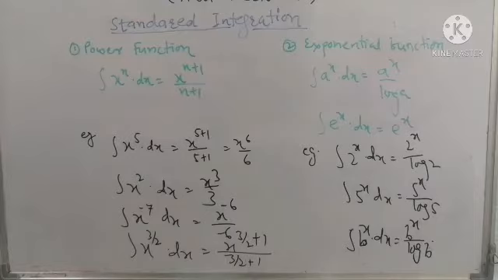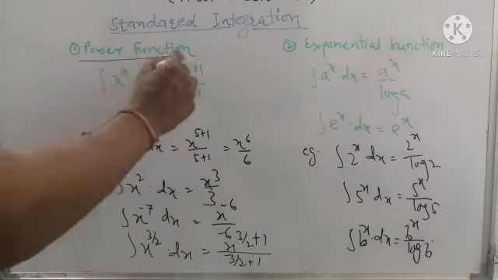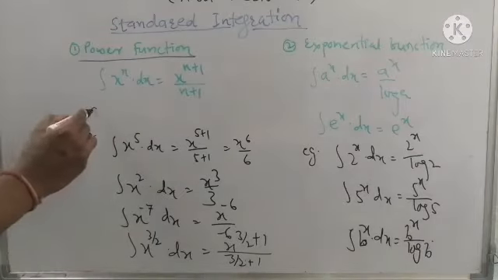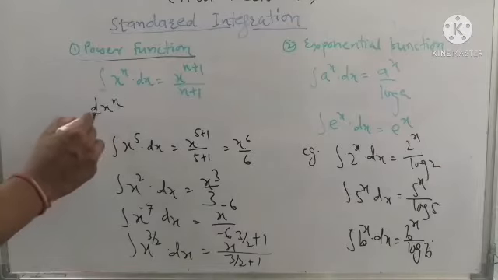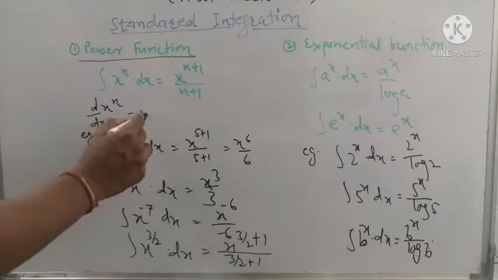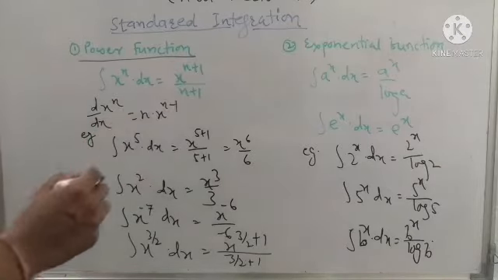We move to standard integration. As we know the standard derivatives of each form of function, similarly we define standard integration of each form of function. First function is the power function. Derivative of power function x raised to n with respect to x was n into x raised to n minus 1.